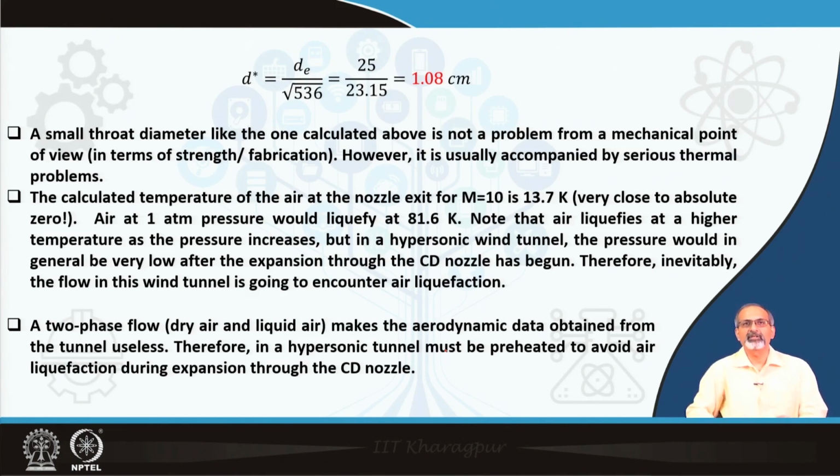Now, a small throat diameter like the one we have calculated here is of course not a problem from a mechanical perspective, whether it is strength or its fabrication, but it is accompanied by some serious thermal problems, and that is our concern. The calculated temperature of the air at the nozzle exit for Mach 10 is 13.7 Kelvin, which is a very small temperature close to absolute 0, and the concern is that at 1 atm pressure air would liquefy at 81.6 Kelvin.